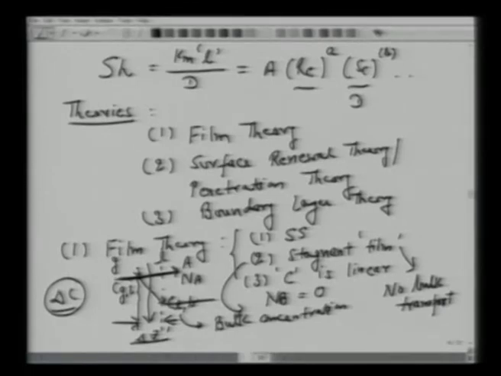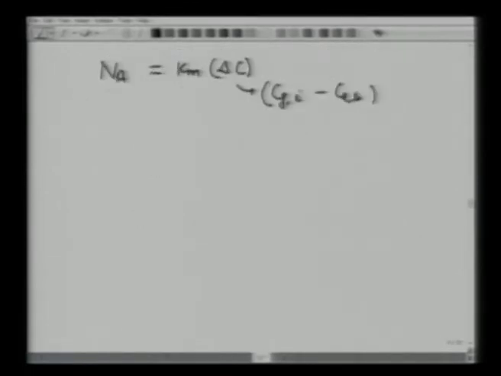So we are still writing NA equals Km times del C as the definition of the mass transfer coefficient, except one can show that Km equals DAB over del, or at least this is approximated as the diffusion coefficient of AB over this film thickness, or diffusion resistance.